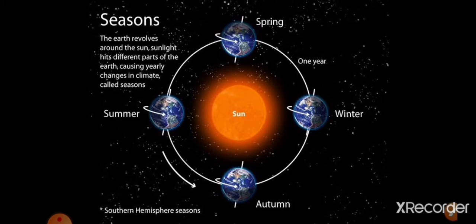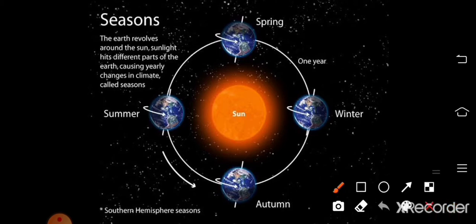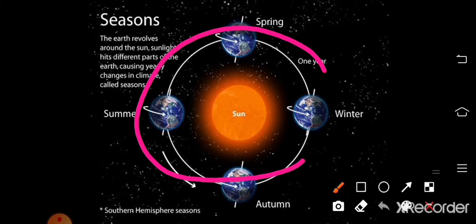Okay, so the 4 main seasons, and the earth is revolving around the sun in an elliptical orbit. It takes 1 year to complete one revolution. That means 365 days and 6 hours to complete one revolution. Isn't it?